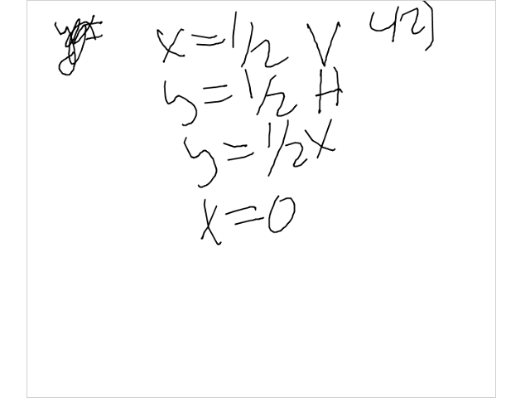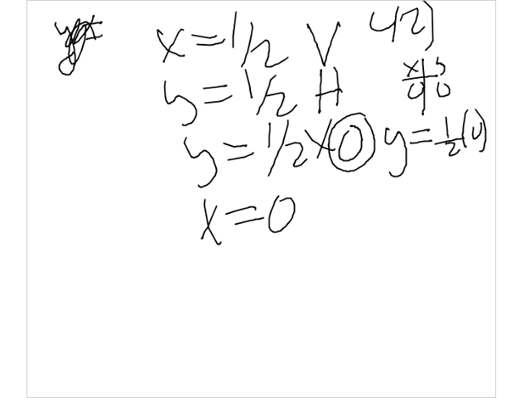Y equals a half x, if we let x equal 0, then y would equal a half of 0, or 0. So it passes through the origin, so we would write O for that one.